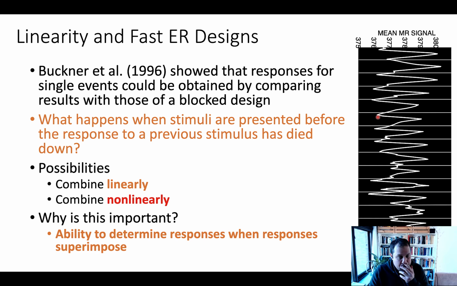This allows us to then extract the hemodynamic response via signal averaging for all these trials. And it has been shown to be comparable to the results of block designs in a sense, although with lower detection power. Now, what we want to ask here is what happens when stimuli are presented in rapid succession.